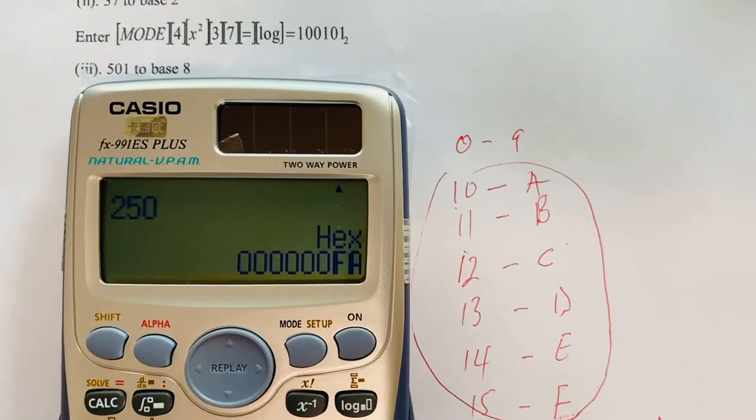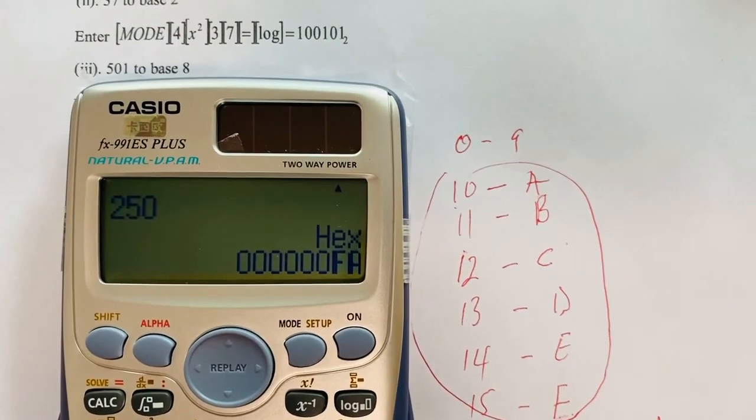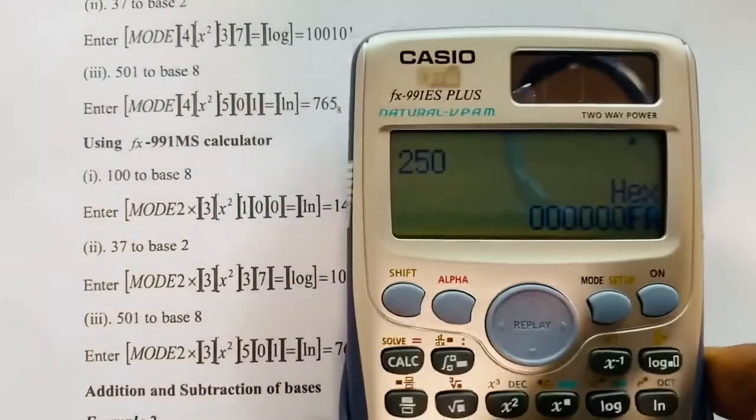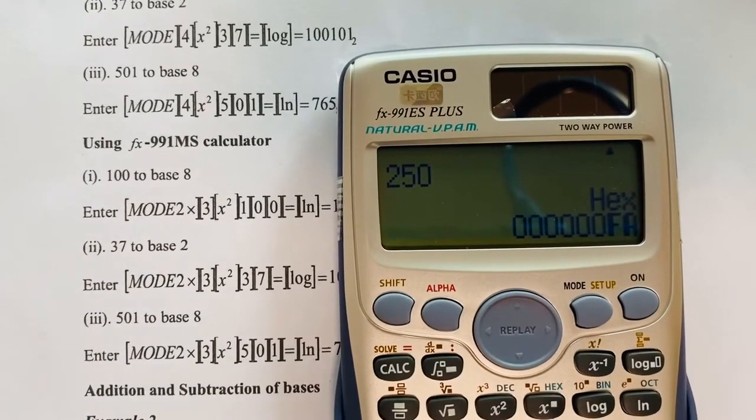That's how we can explain this, as simple as that. And so that's how it works when converting to base 16.